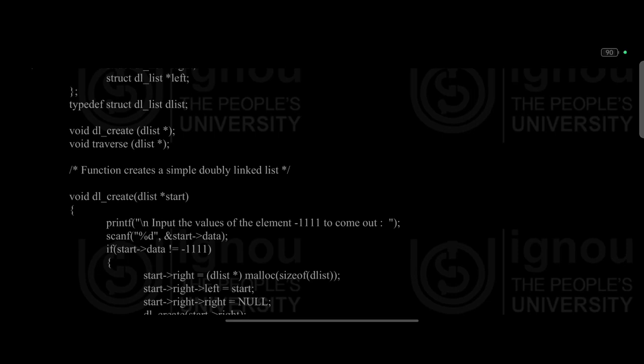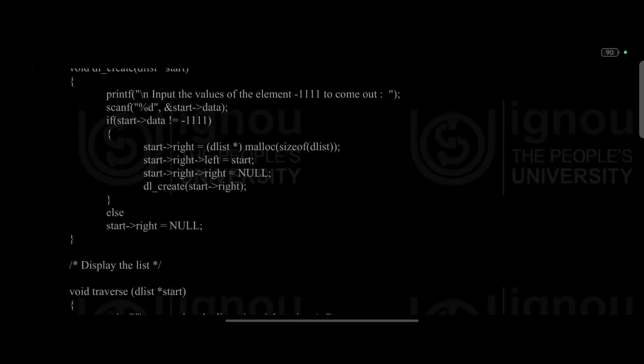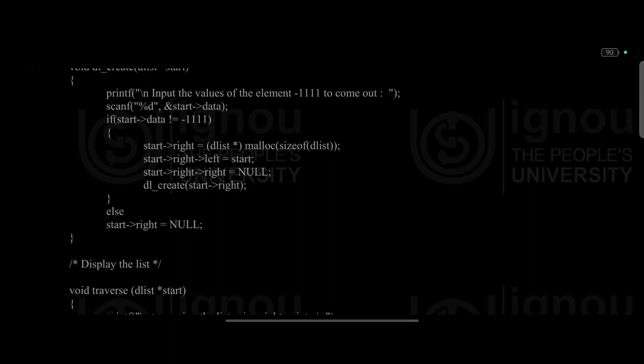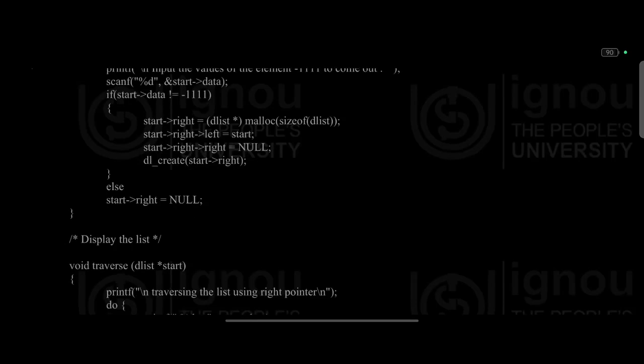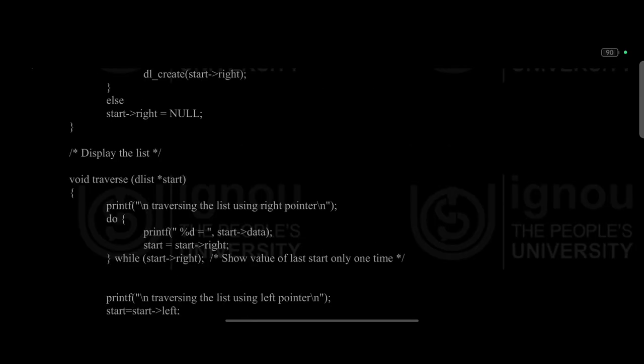Scanf %d and start->data. If start->data is not equal to -1, start->right is equal to dlist star malloc size of dlist, start->right->left is equal to start, start->right->right is equal to null, dl_create(start->right), else start->right is equal to null. Display the list, void traverse the list.